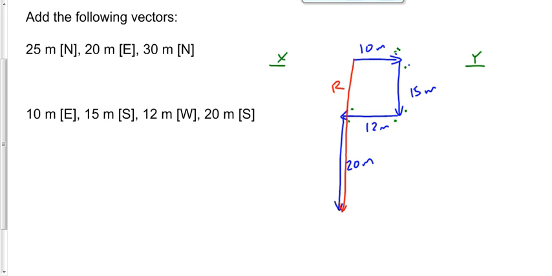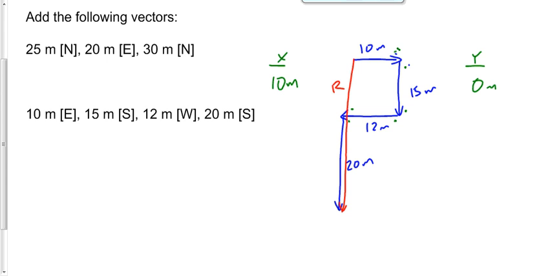What's the X component of the 10? How much of that 10 is on the X axis there? 10. How much of it's on the Y axis? 0. Well, here's a good one. See what you can do with this one.